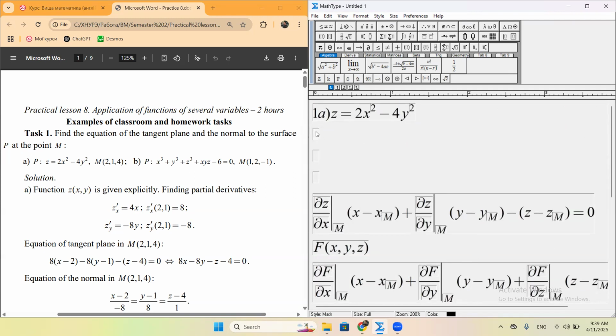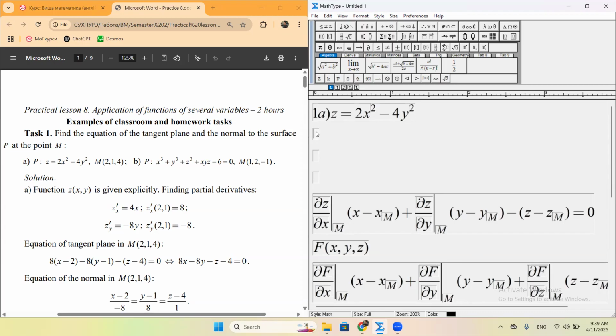So let's calculate derivatives now, because first of all we need to use them, and after that we will write down the equations.